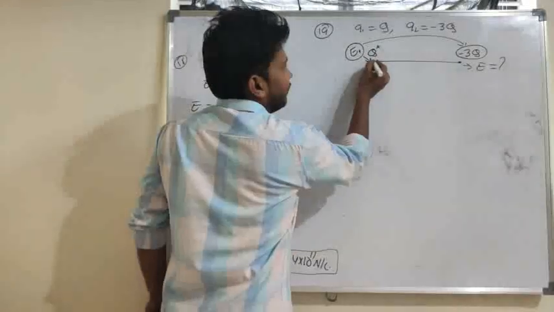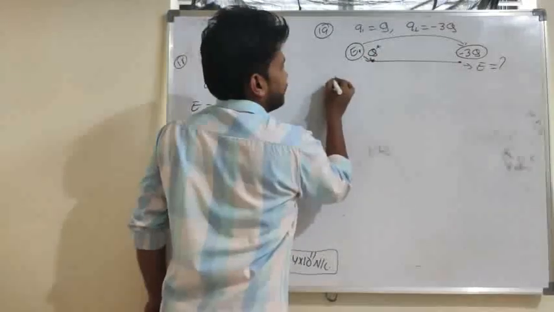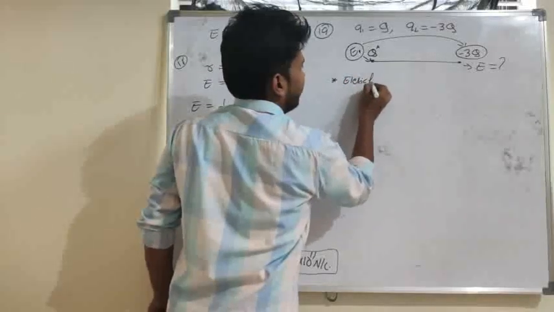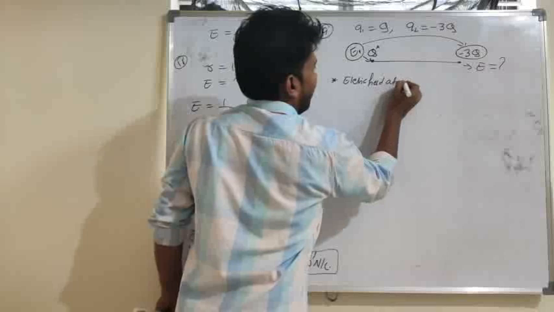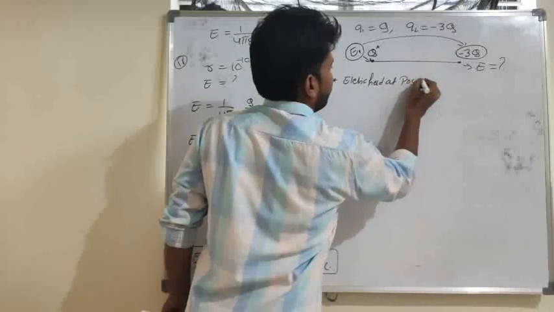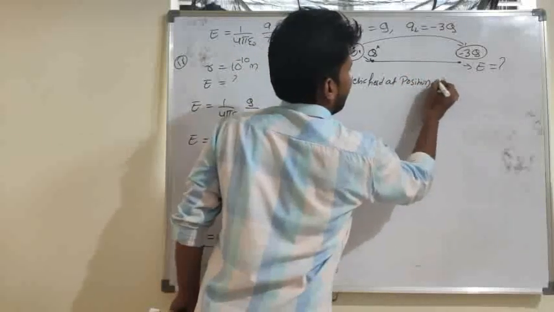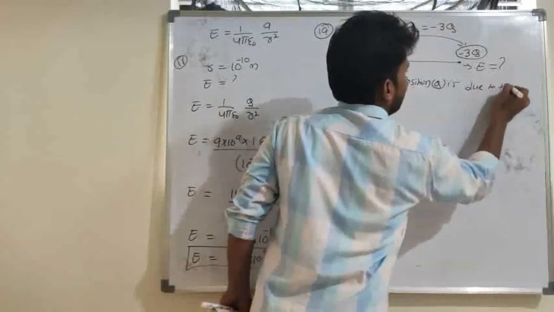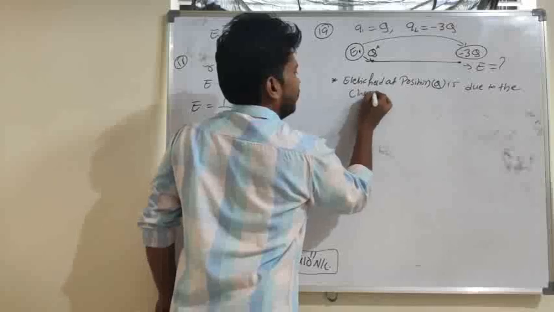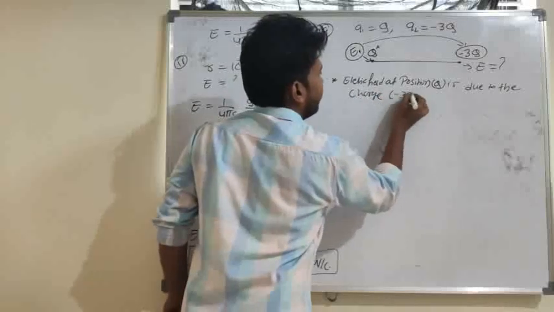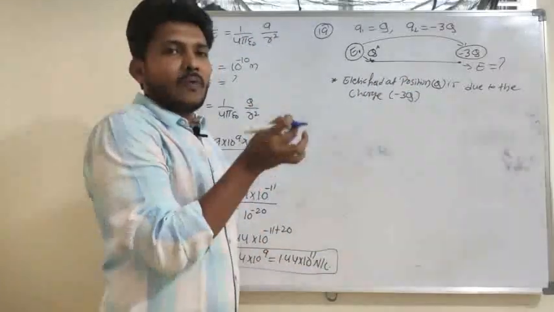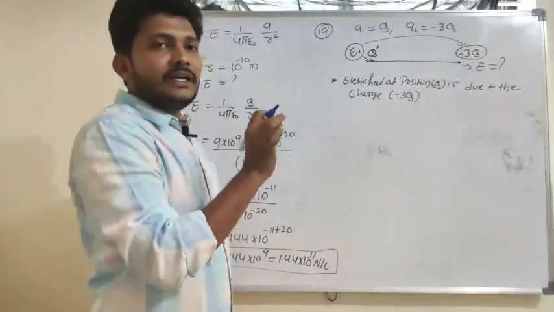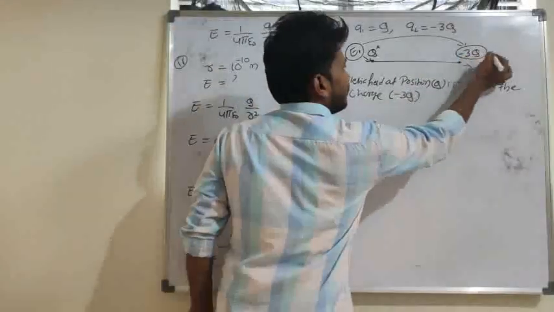So electric field at the position of q is due to the charge minus 3q. Remember, at point q they mention electric field E, and that electric field E is responsible for the charge minus 3q.